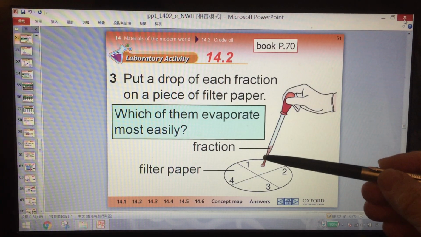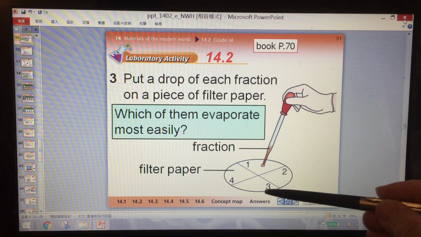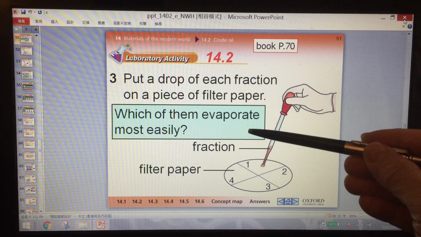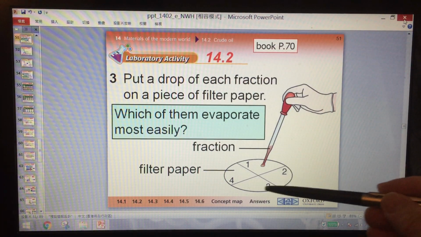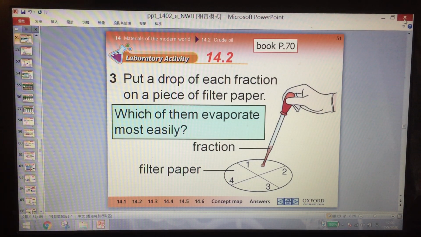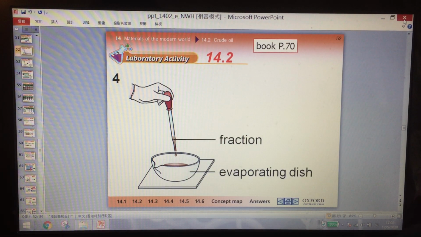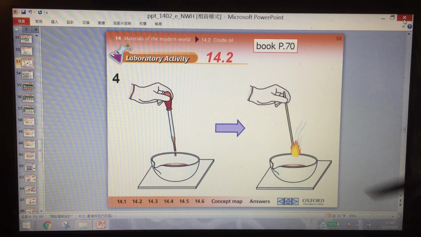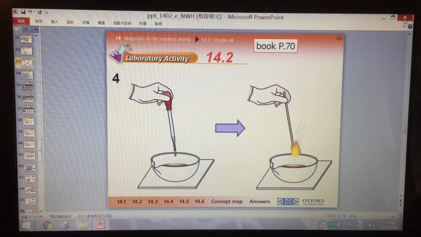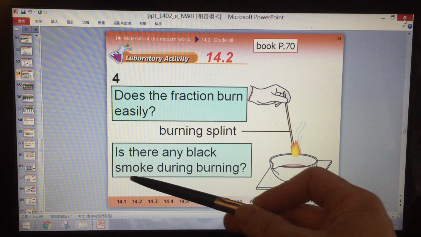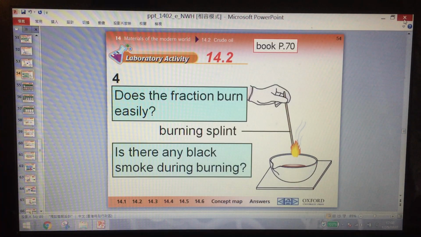And then put a drop of each fraction on a piece of filter paper and see which of them evaporates most easily. And put the fraction in an evaporating dish and burn it. Take a look at which one has black smoke during burning.